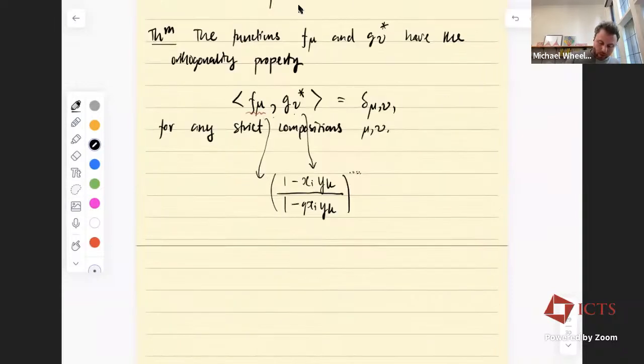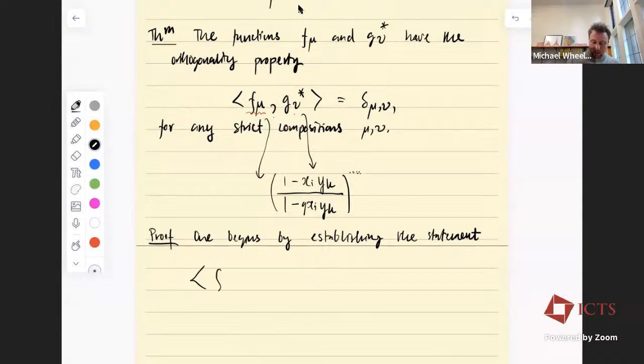Let me give a very quick sketch of how the proof works. The proof is really in two parts. One begins by establishing a special case of the statement. That special case is where I take f_delta, the ordered case where we have very good control over the object.